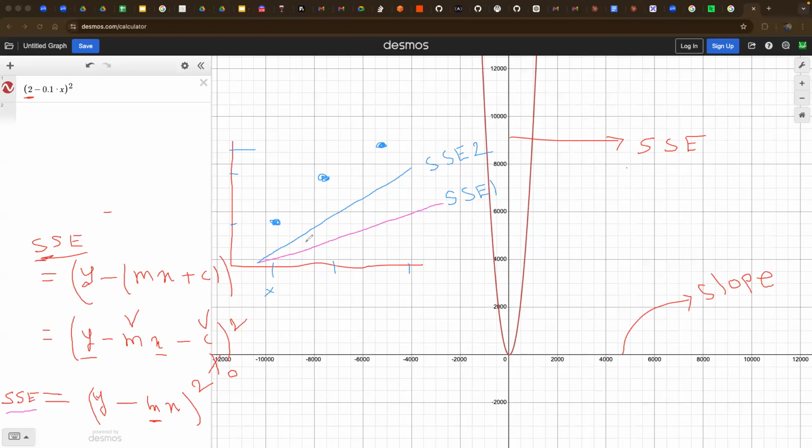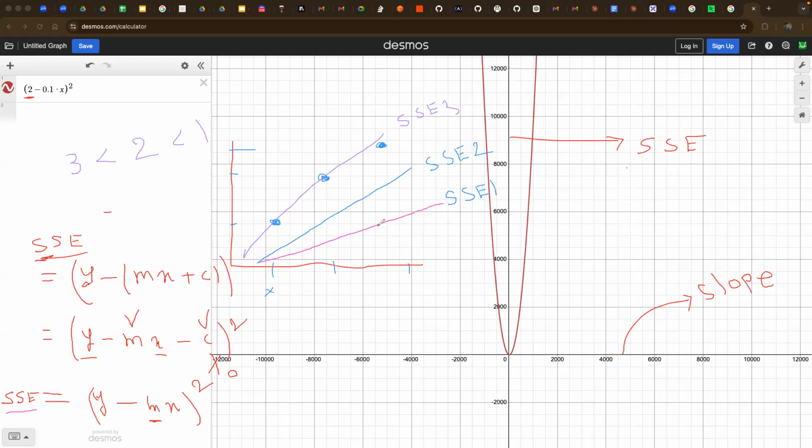And I come up with another line equation in the third iteration, which looks something like this. That is SSE 3. So here SSE 3 will be less than SSE 1, right? Because this line is almost hugging each and every data point in the input.